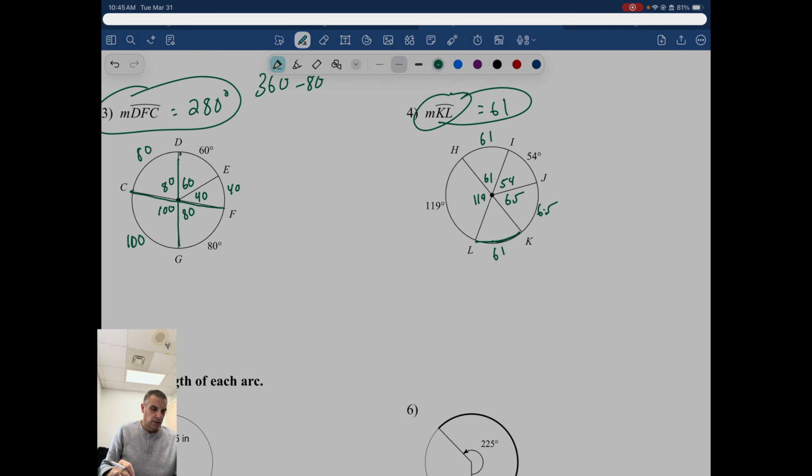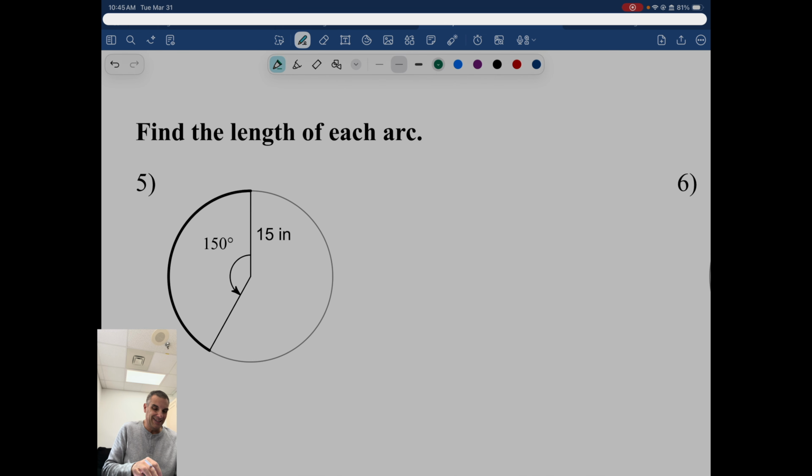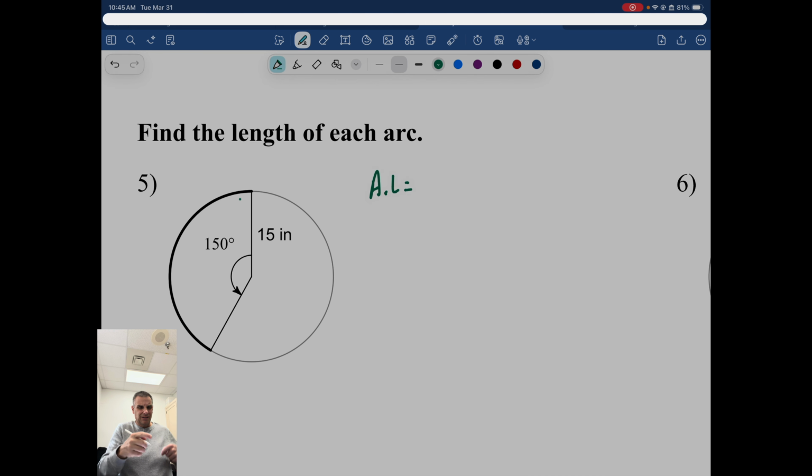All right, number 5, it says find the length of the arc. So we have a formula for arc length, we'll put this on the computer. Arc length is the distance around, you're traveling around the circle.